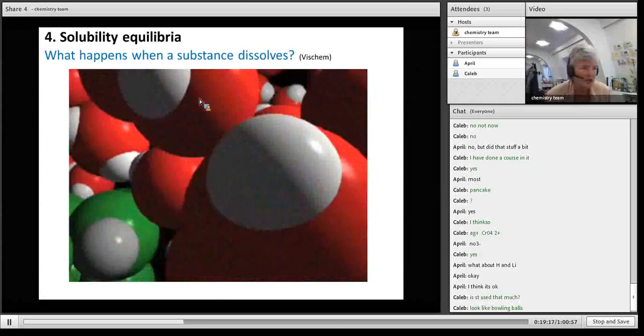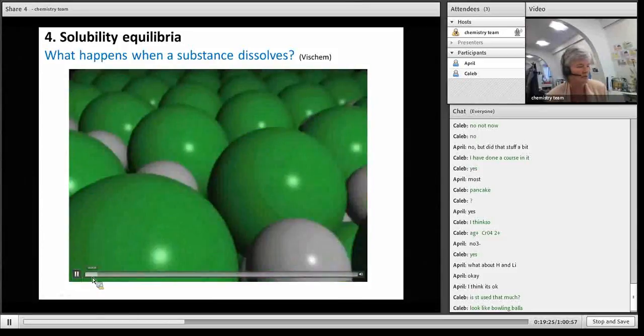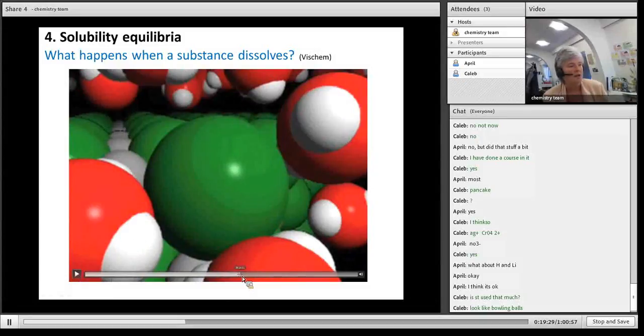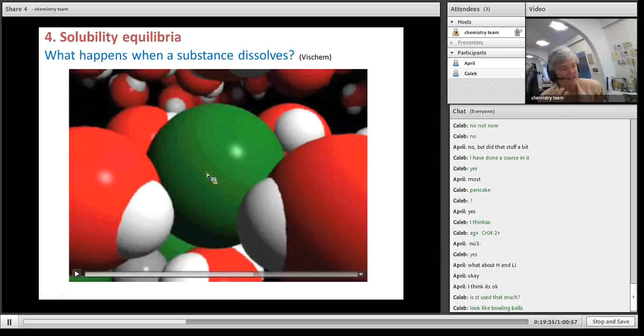It's the energy being released between the water molecules and the... if I just go, I could start it again and move it on there. What I'm trying to show there is this tension, and the energy is released when the attractions are formed between the hydrogens and the chloride.